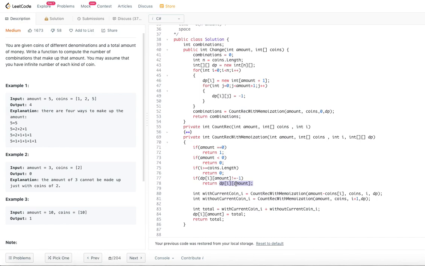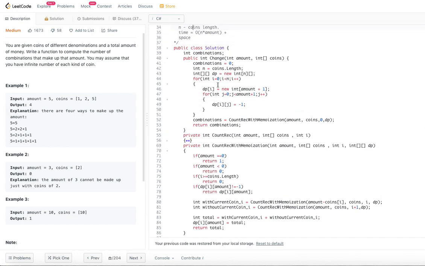So how many computations that we are essentially making? I into amount. So what is I? The number coins length into amount, right? So coins length is what? N, right? Coins length is N. So N into amount, right? That many times we are going to call this particular method.